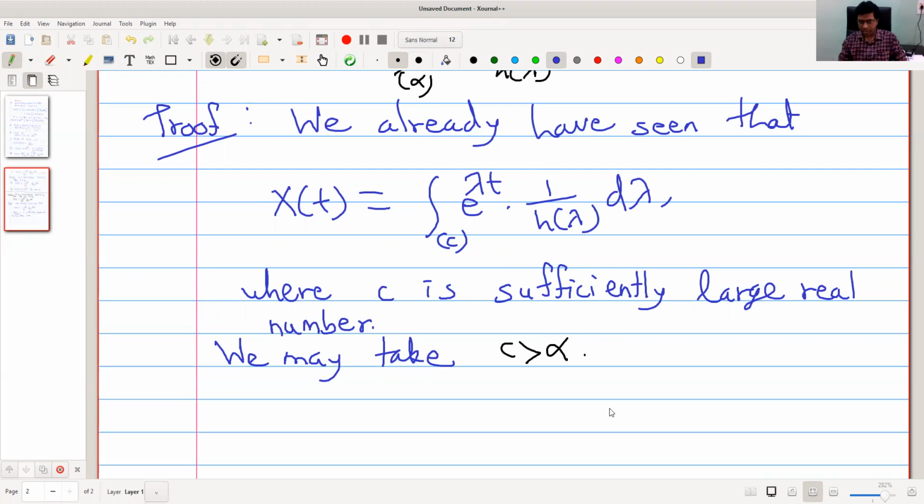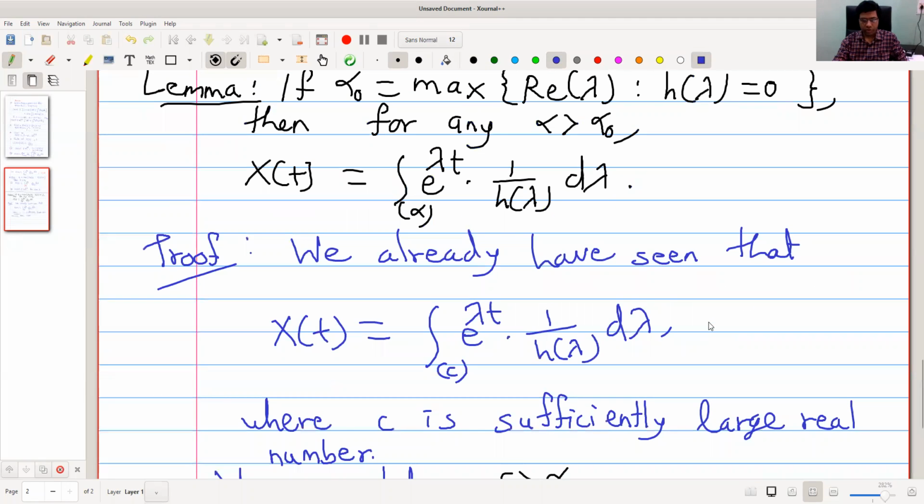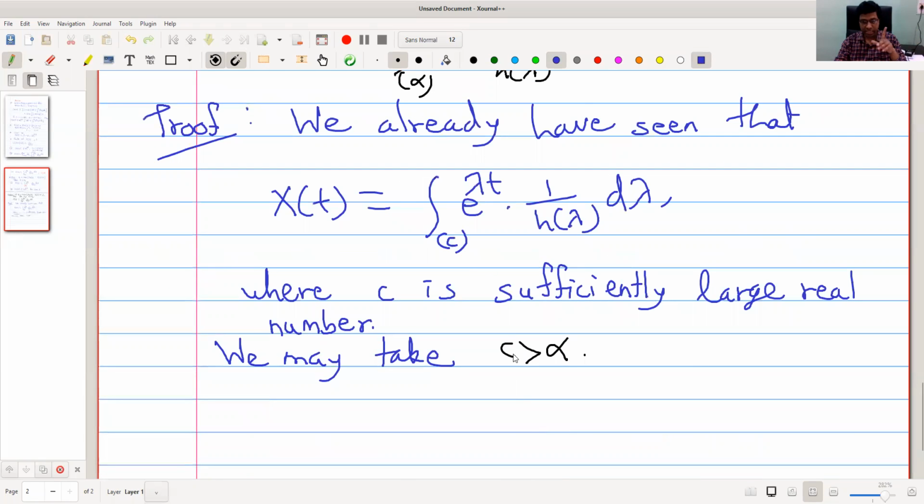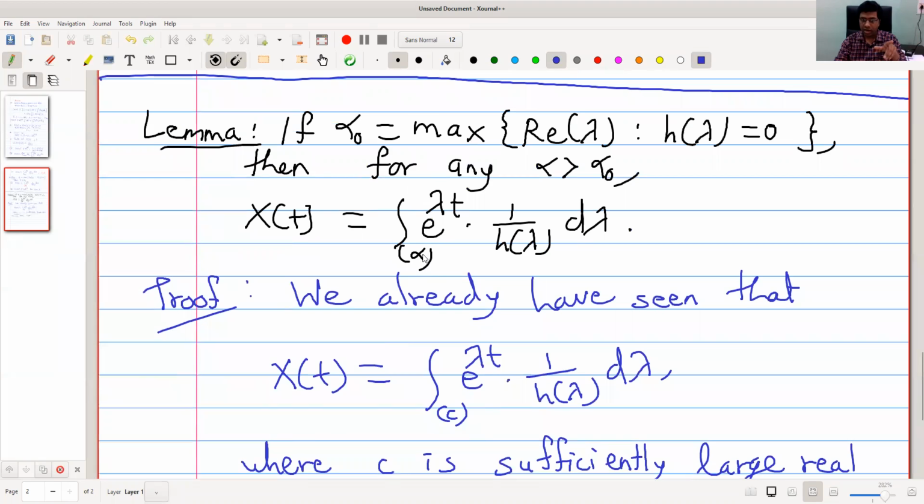If alpha is greater than C, then we readily get this result, because this integral is true for any C greater than B, where B is the bound corresponding to that solution. We have already seen this. Now, if alpha is greater than C, then it is clear that alpha is also greater than B, and this will hold automatically.